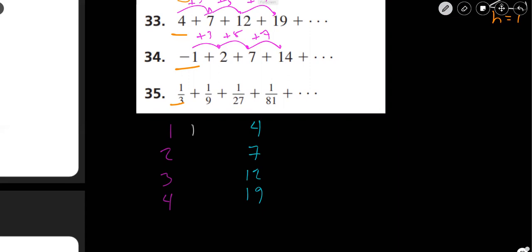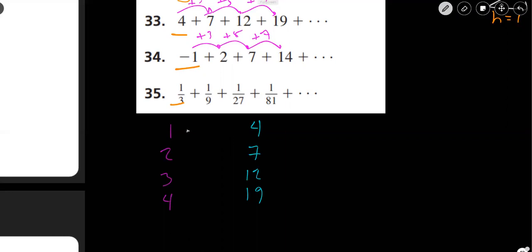If I try doing addition, I know that 1 plus 3 is going to equal 4, 2 plus 5 equals 7, 3 plus 9 equals 12, and 4 plus 15 equals 19. So that doesn't look like a very standard pattern, right? I can't really tell anything of value there, so I'm going to maybe throw that away. Maybe try a different type of operation.